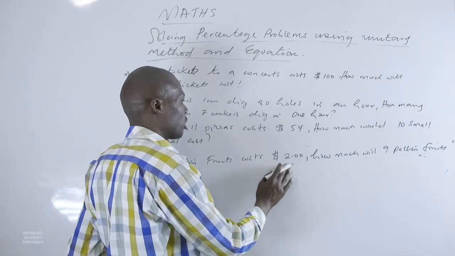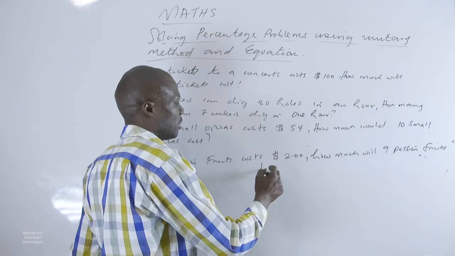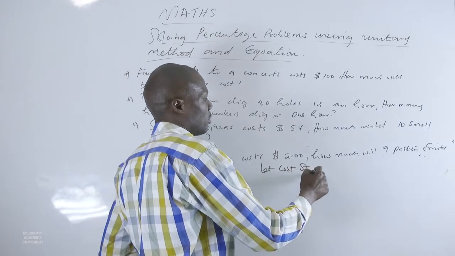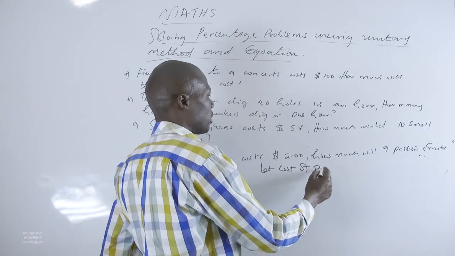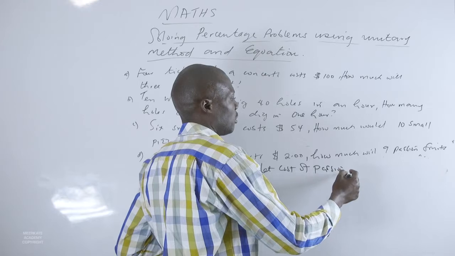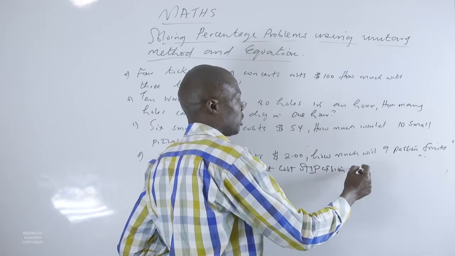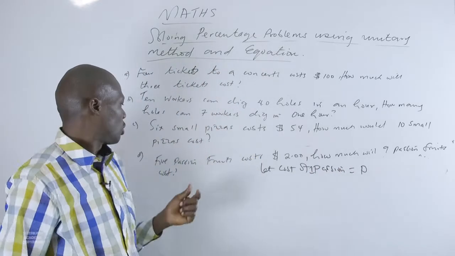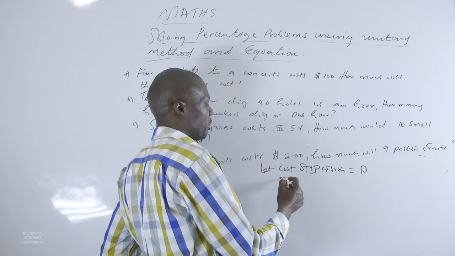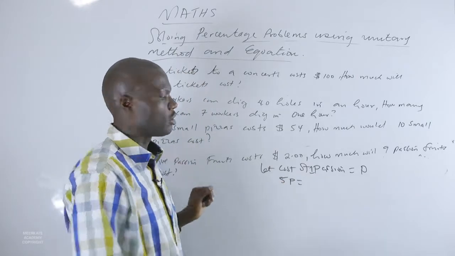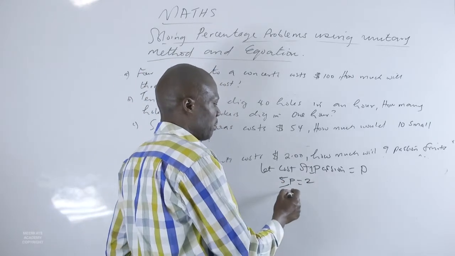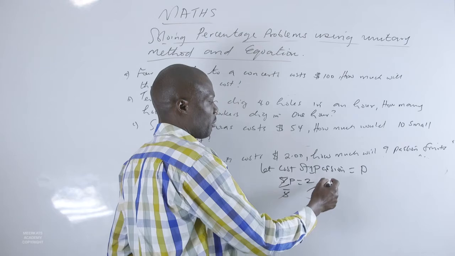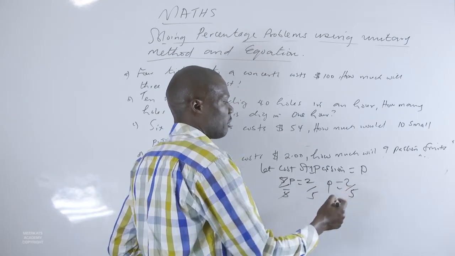So we can call it, let the cost of one passion be P. So 5 passion will be 5P, costing a total of 2. We divide by 5 both sides. We find P is equal to 2 over 5 dollars.